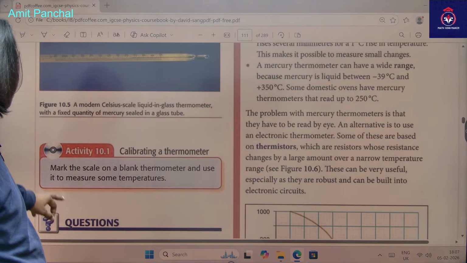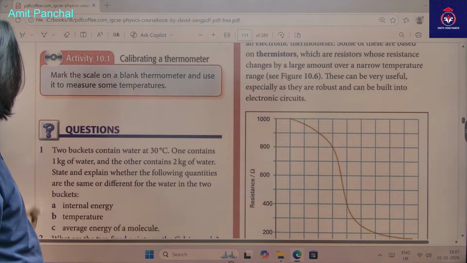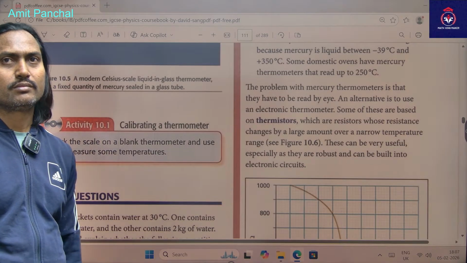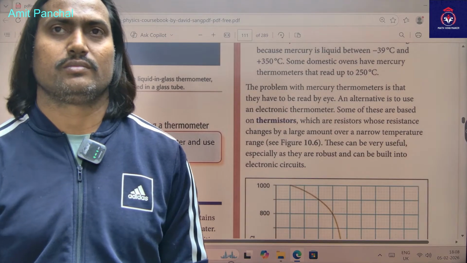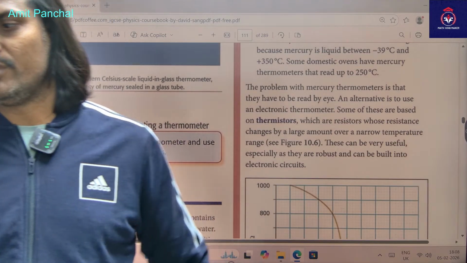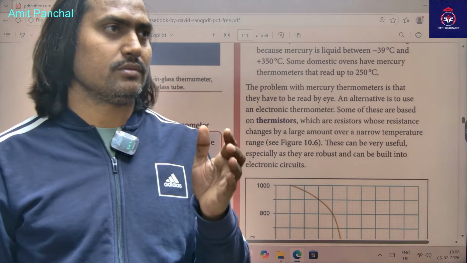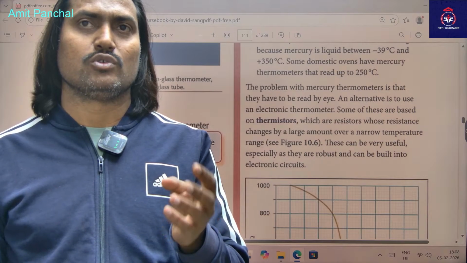So how are you going to calibrate a thermometer? The temperature is already 0 degrees centigrade.